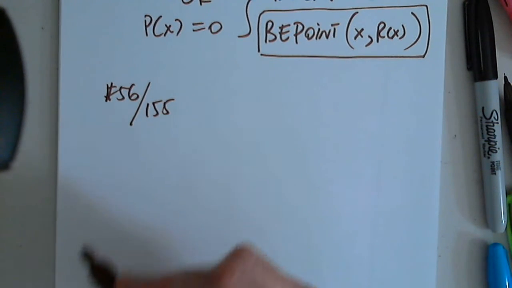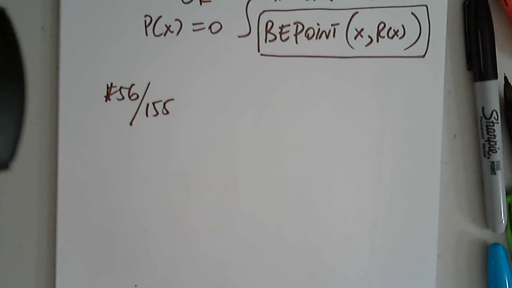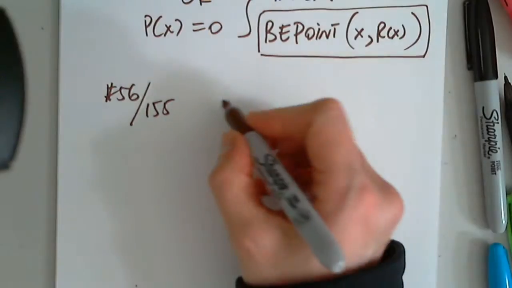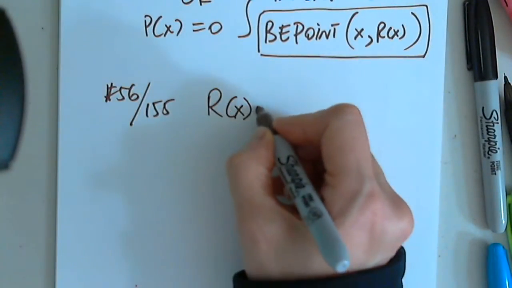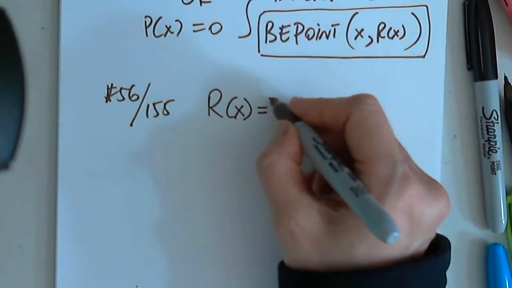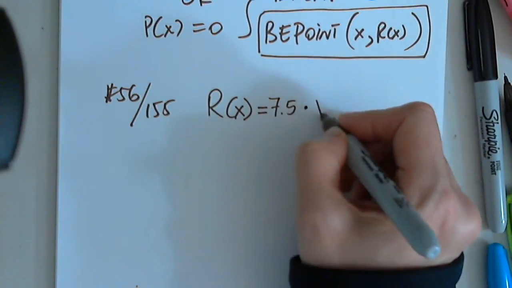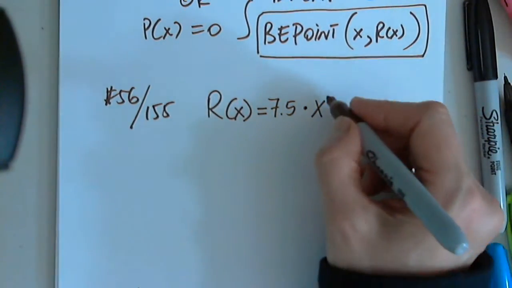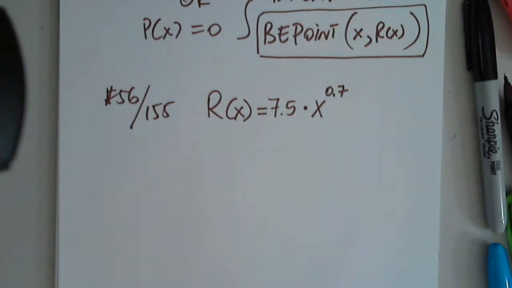Average revenue. Okay, Tongue-Tied Sauces Incorporated finds that the revenue in dollars from the sale of X bottles of barbecue sauce is given by, so they're giving us the revenue, R of X is 7.5 multiplied by X raised to power 0.7.